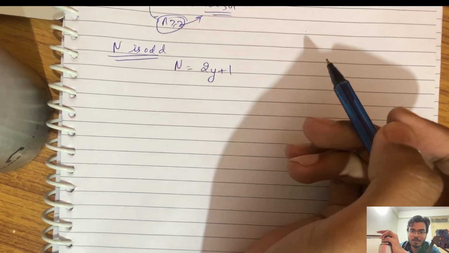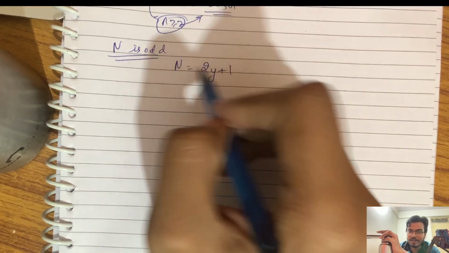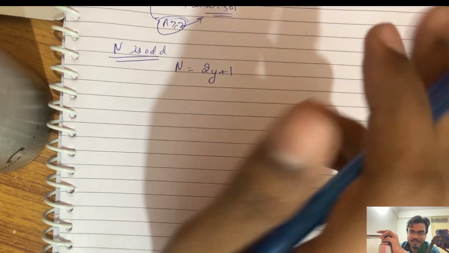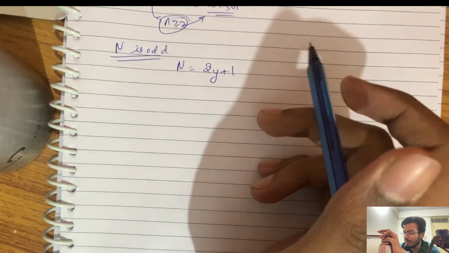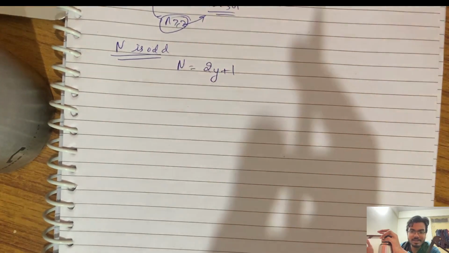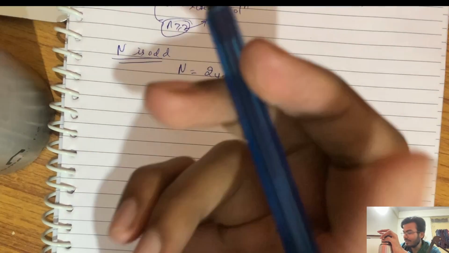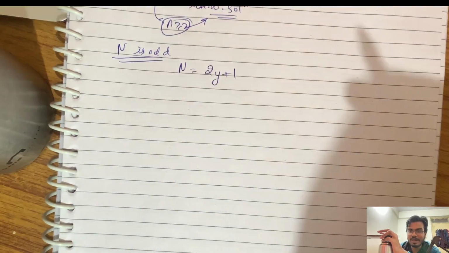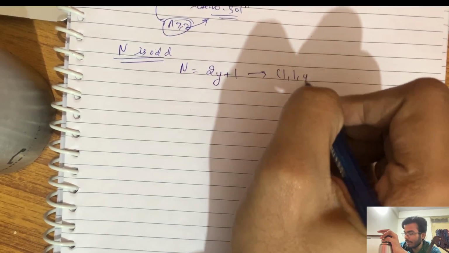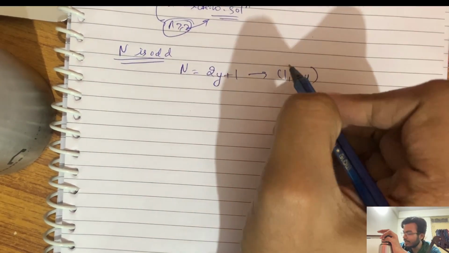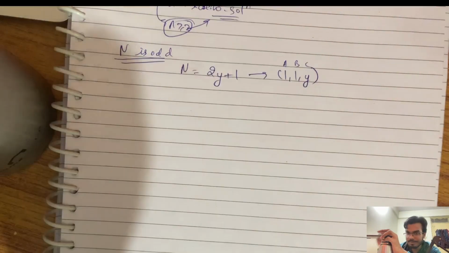Some multiple of 2 plus 1, that is the format of n, because it is an odd number. Now if n is odd, 2y plus 1, then it is kind of easy, and if you try it out, you can see that the solution for this will be 1 comma 1 comma y. This will be the a, b, c numbers.